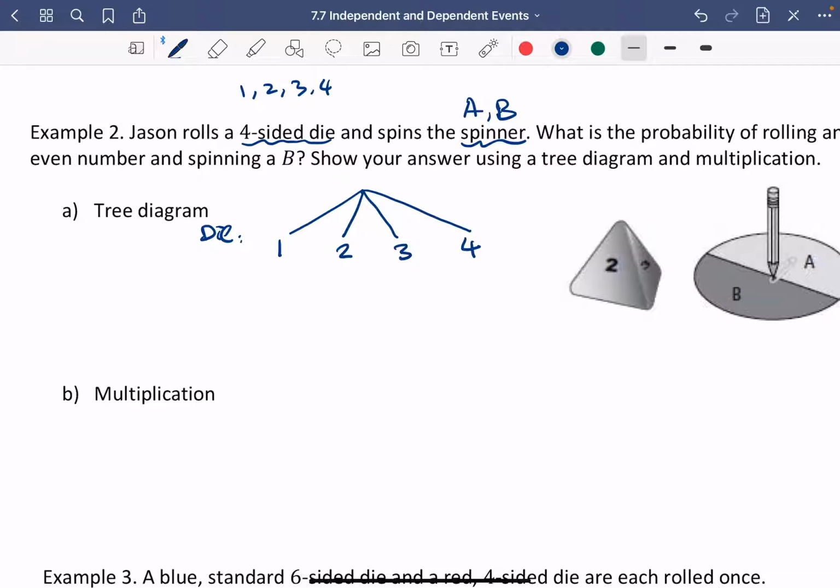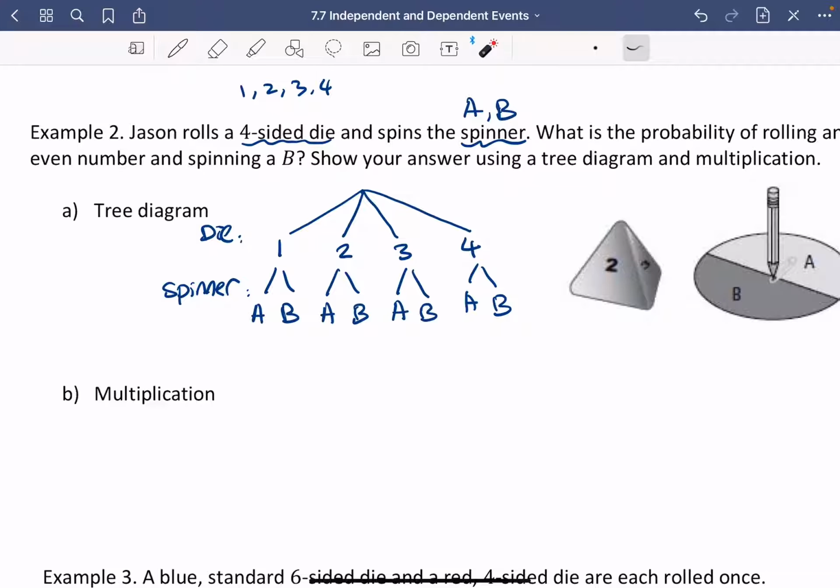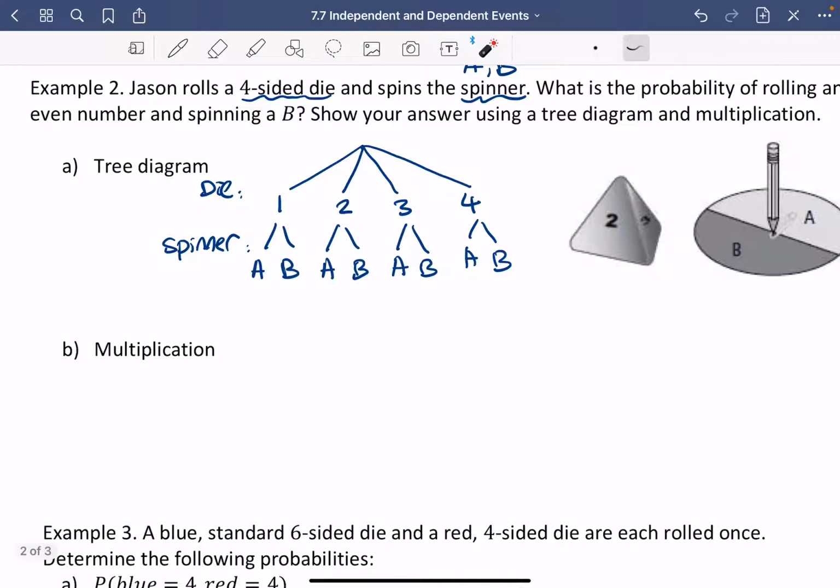Now, after rolling the die, he also spins the spinner. How many possible outcomes are there for a spinner? We have A and B, right? A and B, A and B. Okay. So now, what are the possible outcomes?